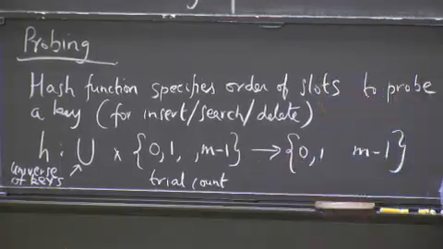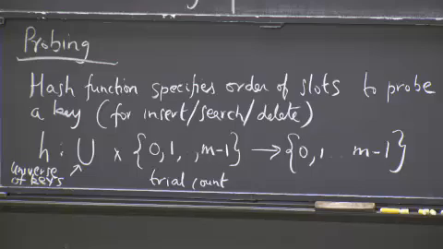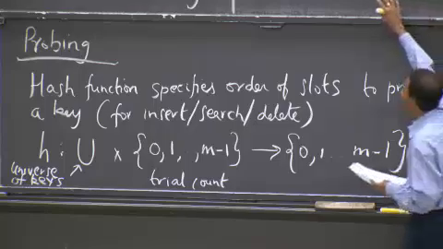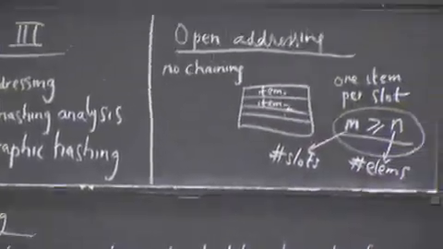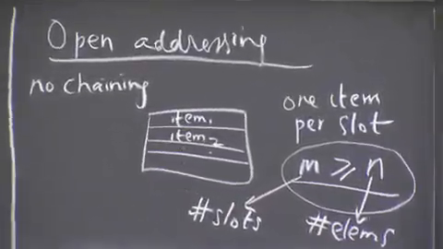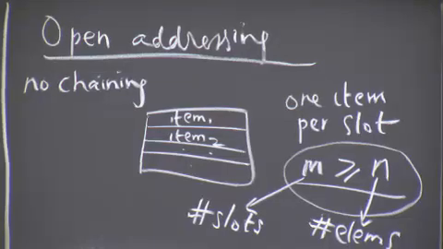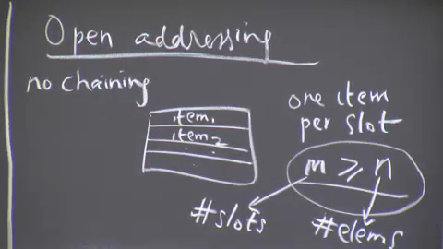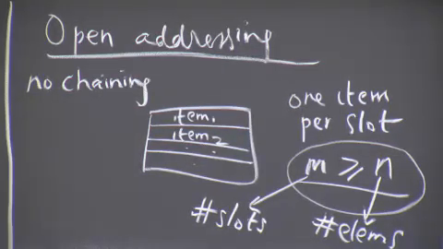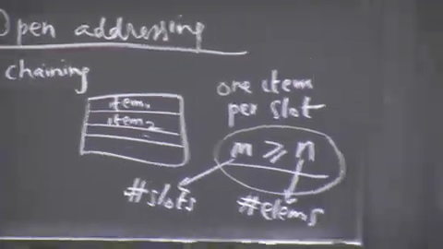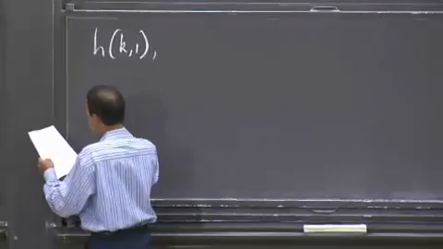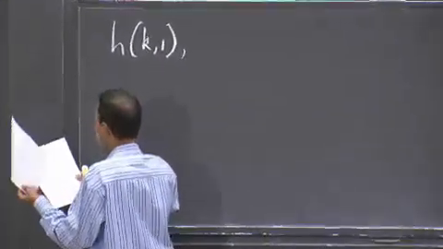In order to ensure that you are using the hash table corresponding to open addressing properly, an important property is this: you're given a key, and this could be an arbitrary key, mind you.